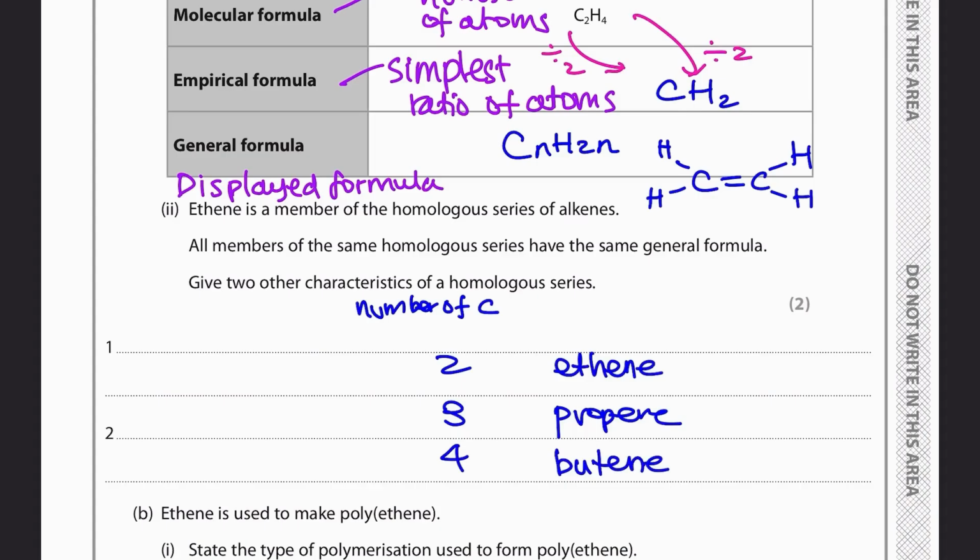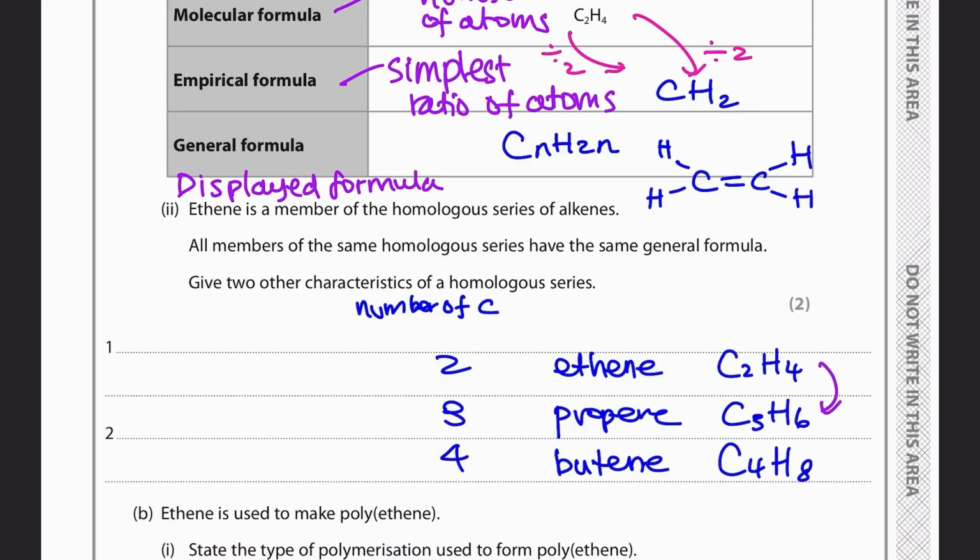And if you write out their actual equations, ethene is C2H4, propene would be C3H6 because you times the 3 by 2, right? CnH2n, so just times by 2. And then butene would be C4H8, exactly.